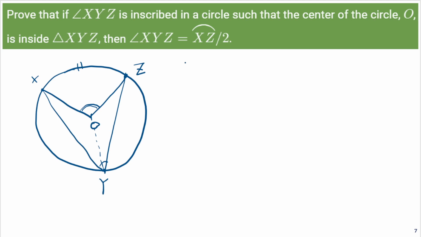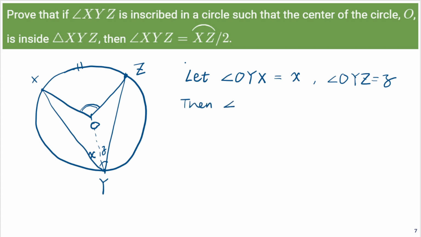Since we want to use our isosceles triangles, we could let angle OYX equal x, and let angle OYZ equal z, so that angle XYZ equals x plus z, right?